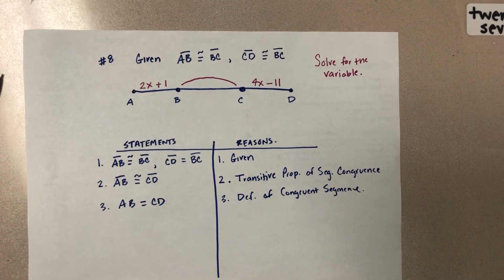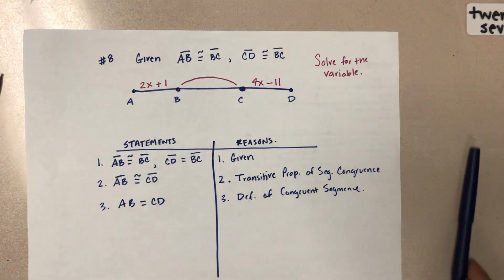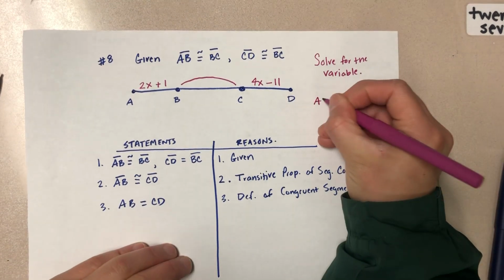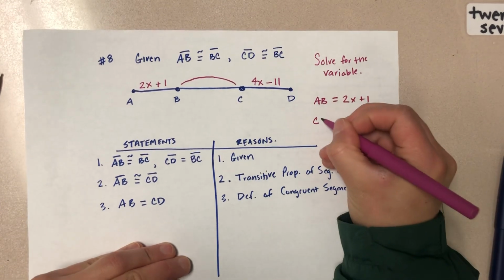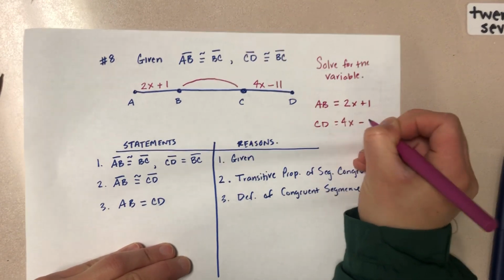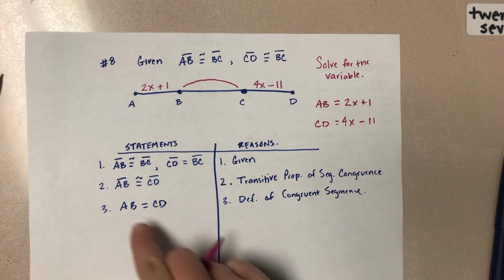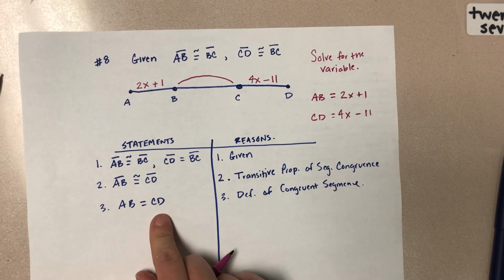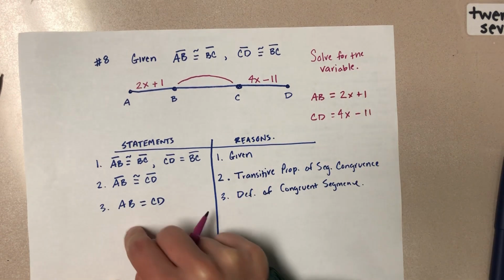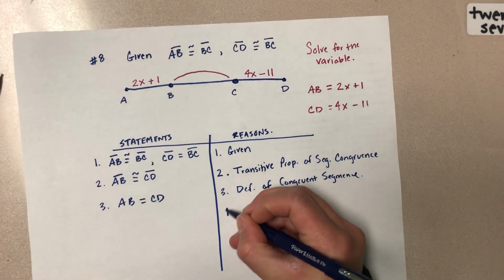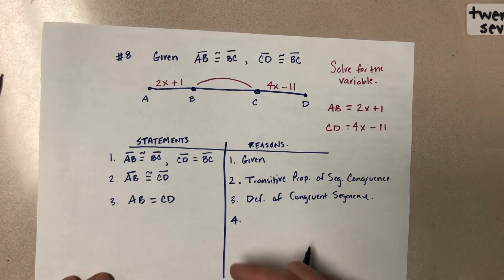So we know here that the length AB equals 2x plus 1, and the length CD equals 4x minus 11. So because AB equals CD, we can equate them to each other, and we can substitute the information that we're given in for each length.